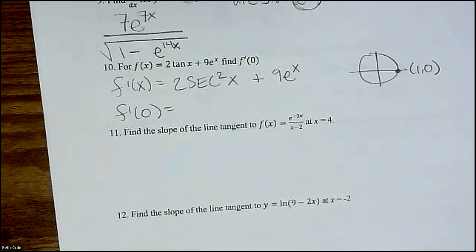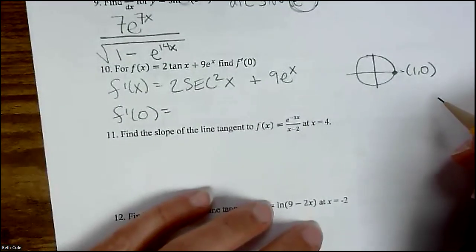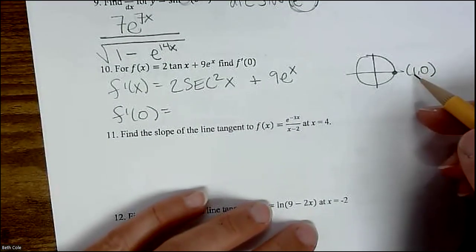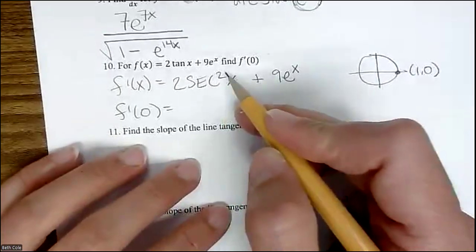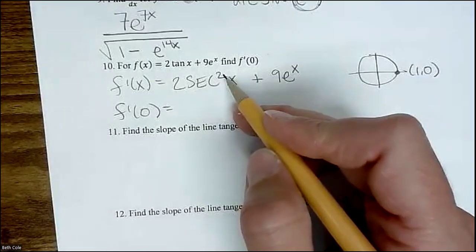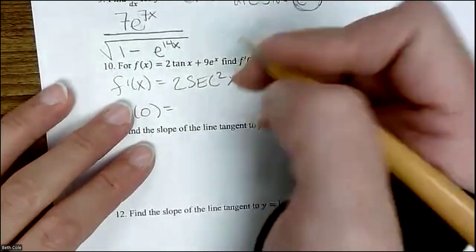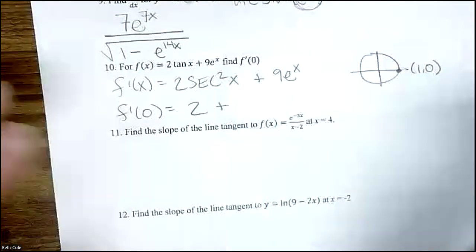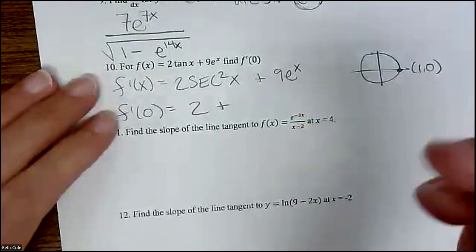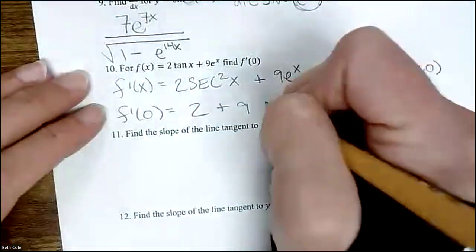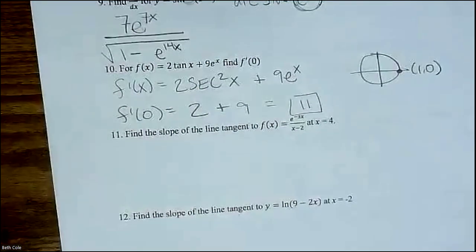Which one of those is secant? It's the 1. You flipped the x value, but 1 over 1 is 1. 1 squared is also 1 times 2 is 2. Good. Plus, we got there. E to the 0 is 1 times 9 is 9. And so your answer is 11.